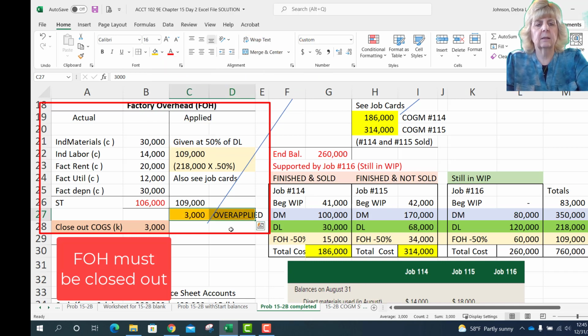And because it's the end of the year, the author instructs us to close that factory overhead account out. Since closing an account out means to zero it out, since there's a $3,000 credit balance, the way that we would have done that is by debiting factory overhead and crediting cost of goods sold.